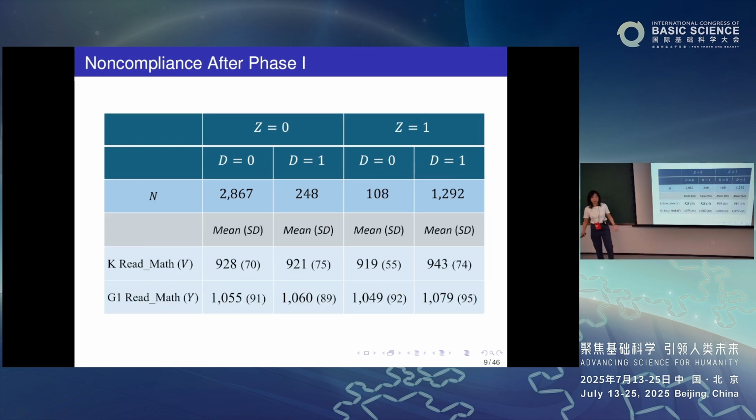Why do people decide to switch? There could be many reasons. Some of the reasons might be measured, and some may not be measured. Perhaps one of the reasons is their academic performance at the end of the kindergarten year.